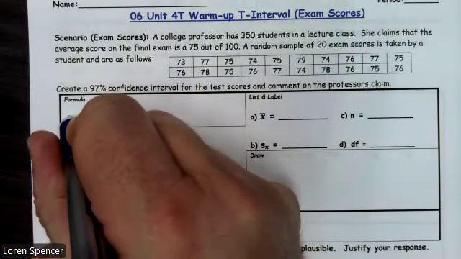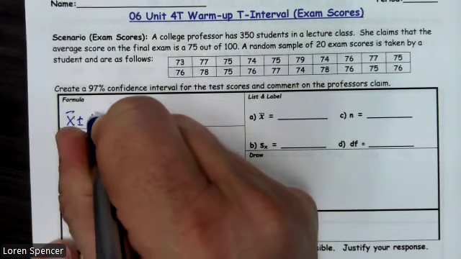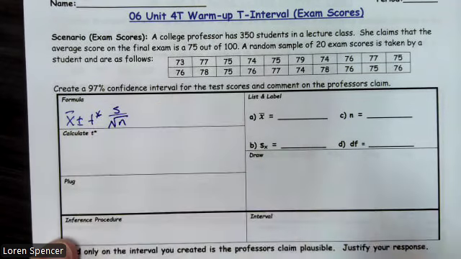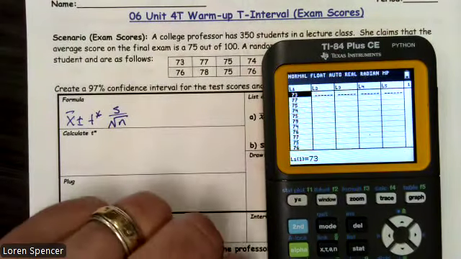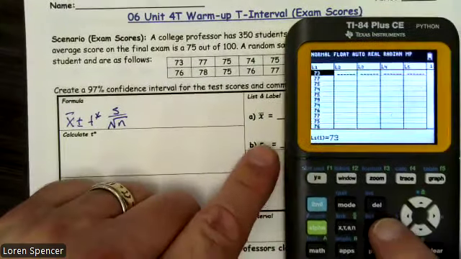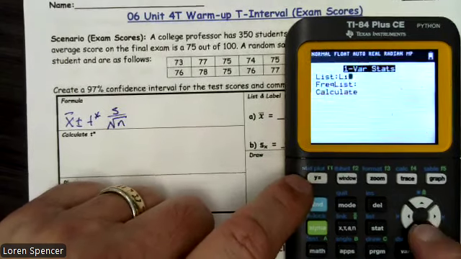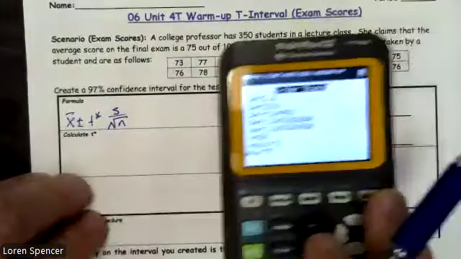So we have x bar plus or minus t star s divided by the square root of n. That's our formula. We go to stat edit and we enter the data, which I have all 20 values in there. There's a couple ways we could go about this. We can go stat calc one var stats L1, and we could get the values that way.